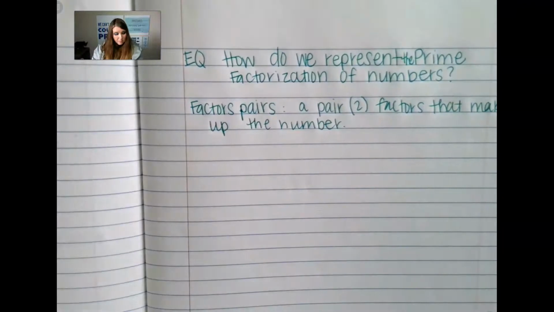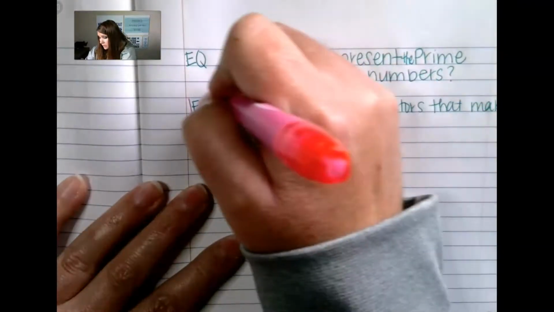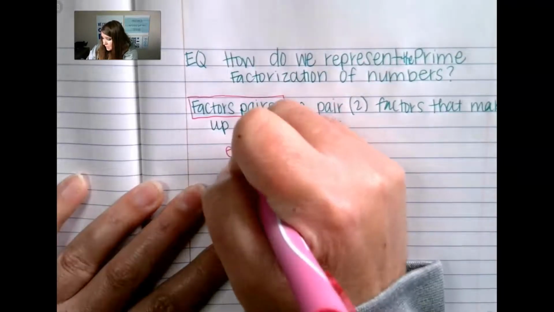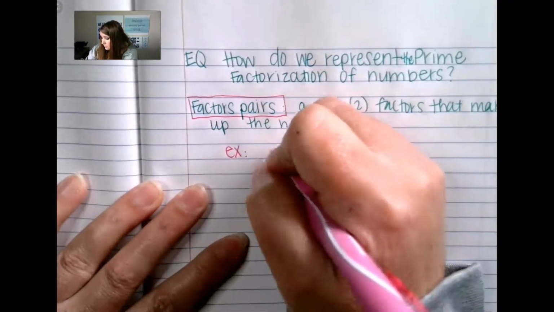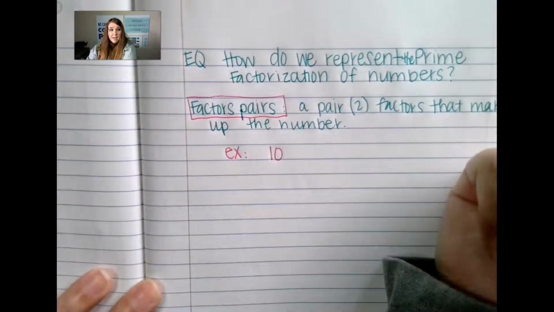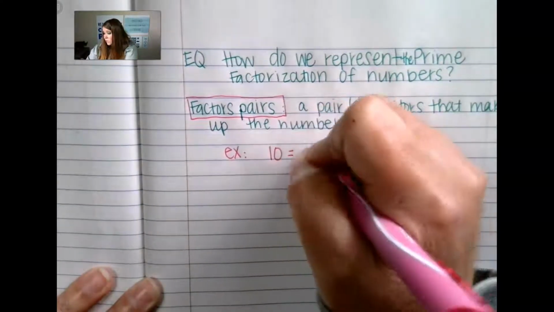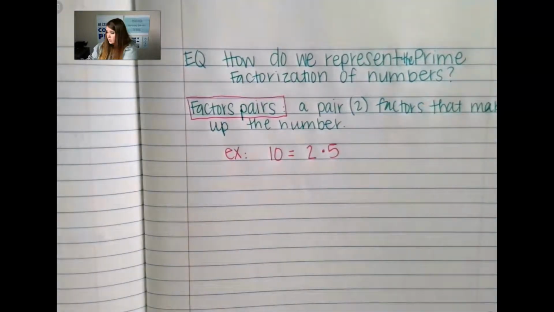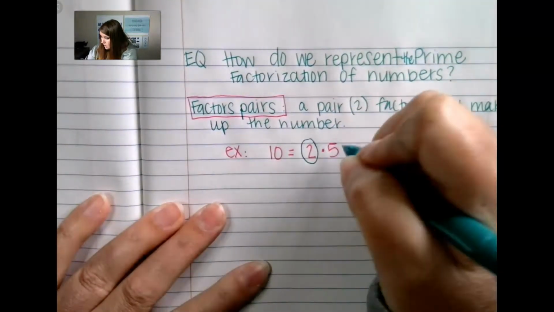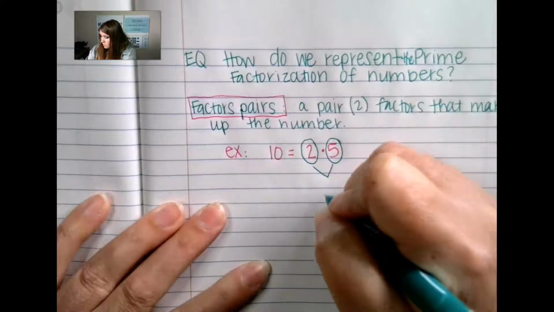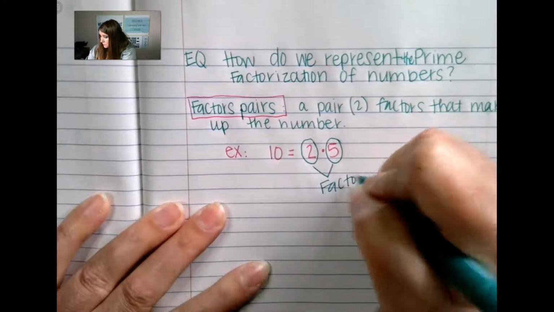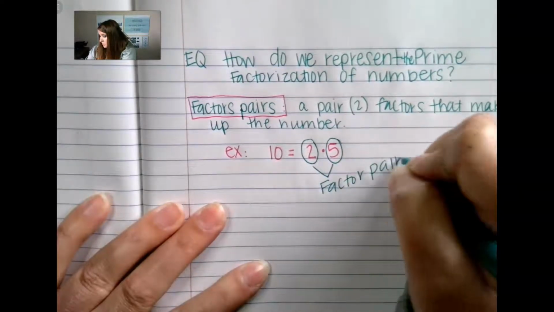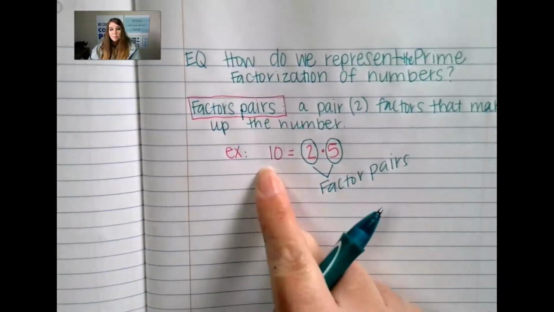Well, let's talk about what this could mean. If we have factor pairs, let's give you an example. If we are looking for the numbers that make up 10, 10 is made when you multiply 2 and 5. The 2 and the 5, those are factor pairs because they make up that 10.